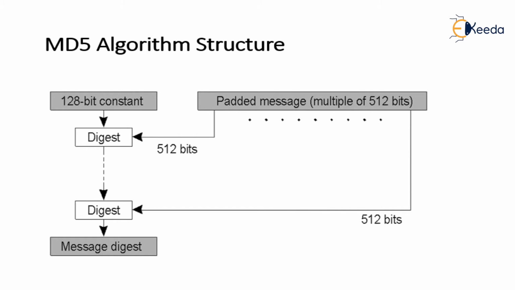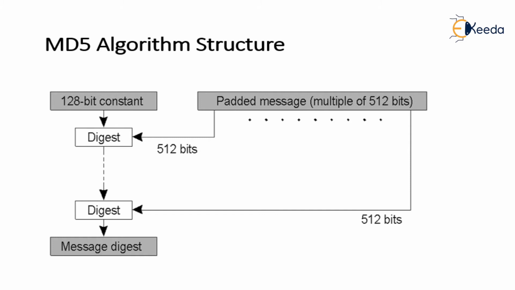So this is the MD5 algorithmic structure, wherein you can see that a 128-bit constant is achieved, and the message is being padded. This is the input message, and we have to pad it to make that particular input a multiple of 512 bits, and that padded message will then undergo the functionality to develop the message digest.